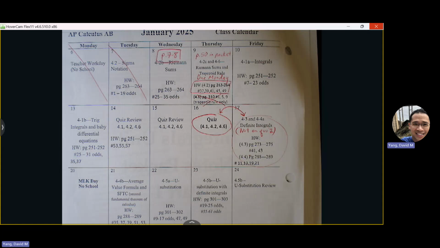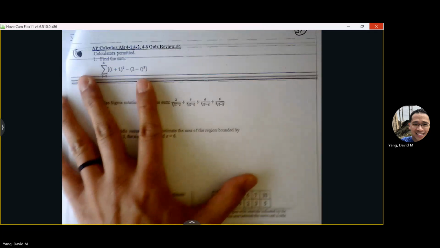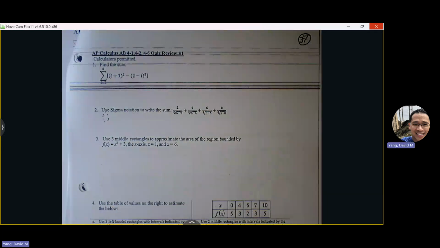And this is what we're going to do tomorrow. If you can turn to page 37 real quick. So tomorrow we'll work on our quiz review, which is page 37 to page 38. Now tomorrow I may or may not be here.